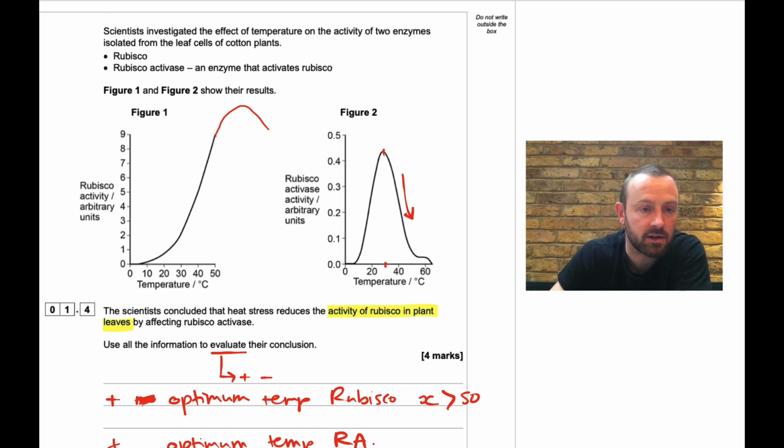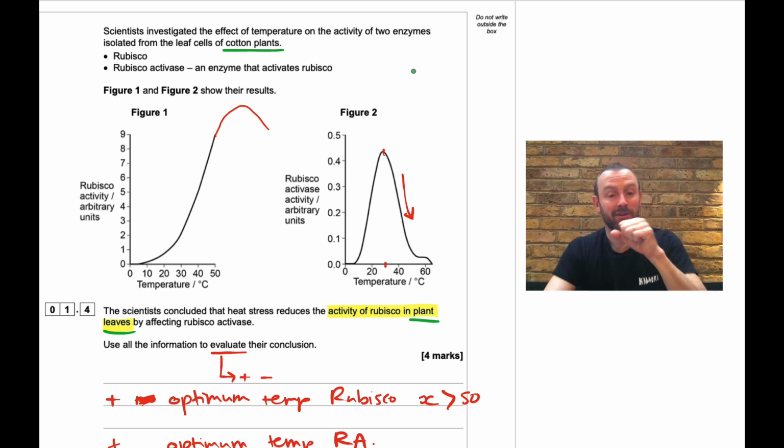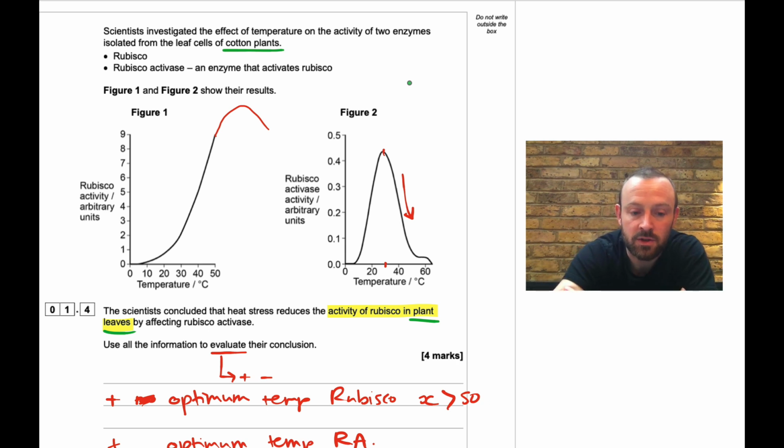Okay, in plant leaves, not cotton plant leaves, but all plant leaves. Now, is that fair? No, it's not. We haven't looked at all plant leaves. We're only looking at cotton plants. So that's too broad a conclusion. So we could say that the scientists concluded this happens in all plant leaves. However, the study was only carried out in cotton plants, so we can't generalize. We'd have to look at other plants to check.